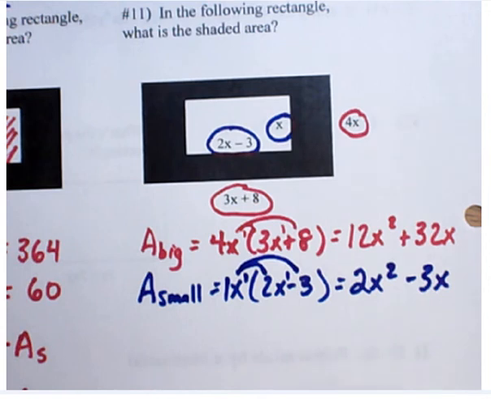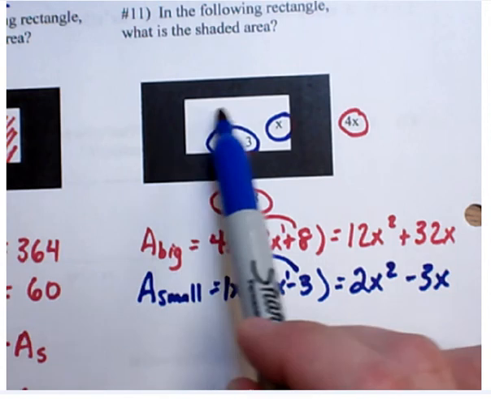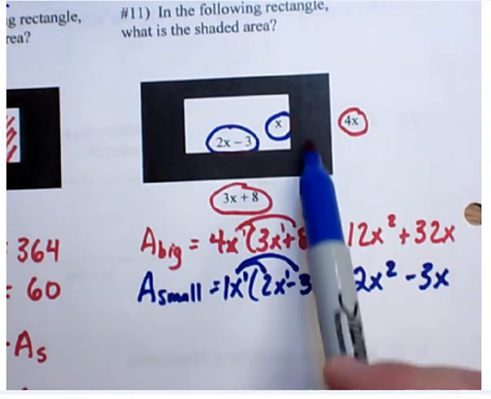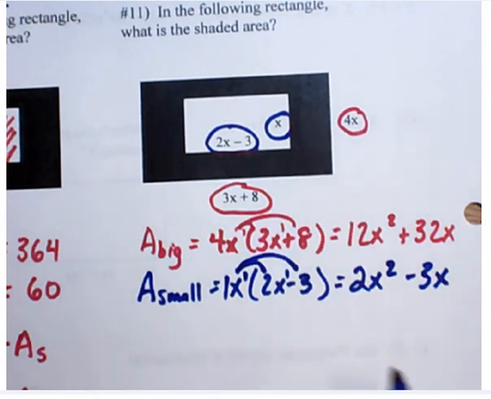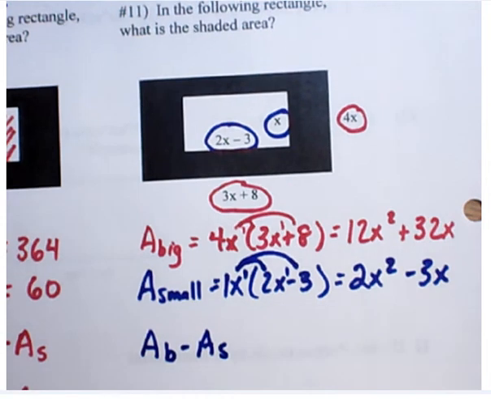Okay, now, you've got the area of the big rectangle. We need to take out the area of the small so that we're left with just shaded stuff. What we have to do is the area of the big minus the area of the small.